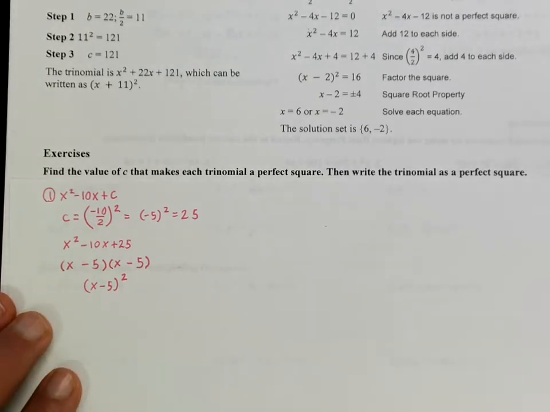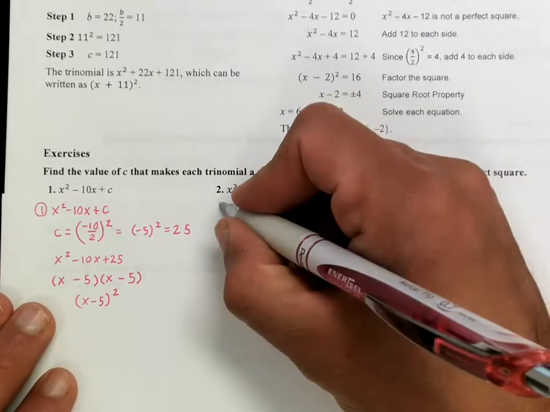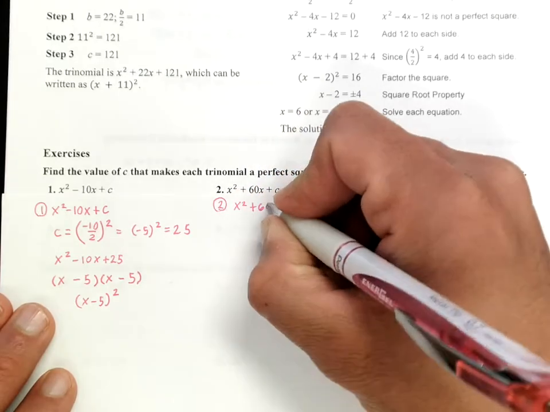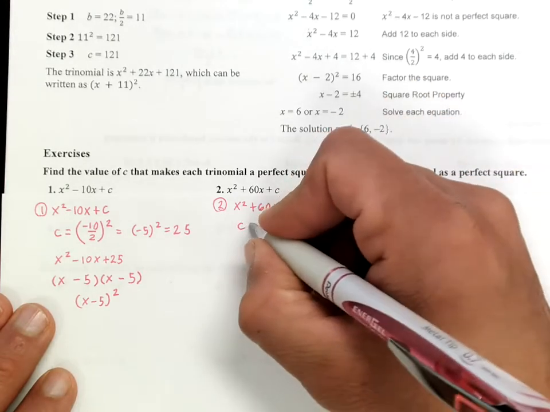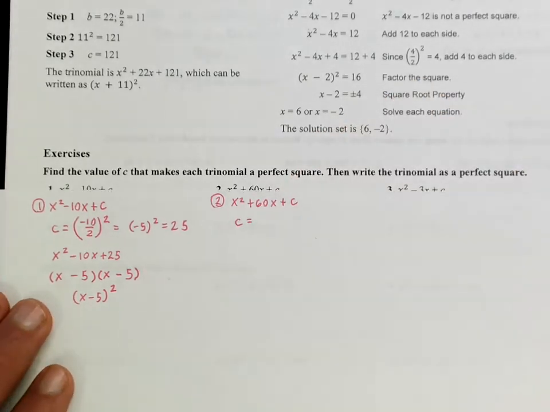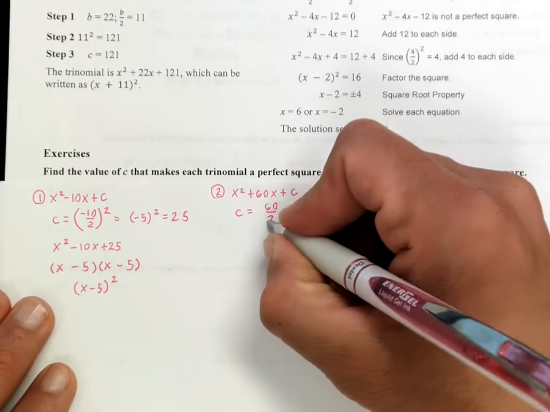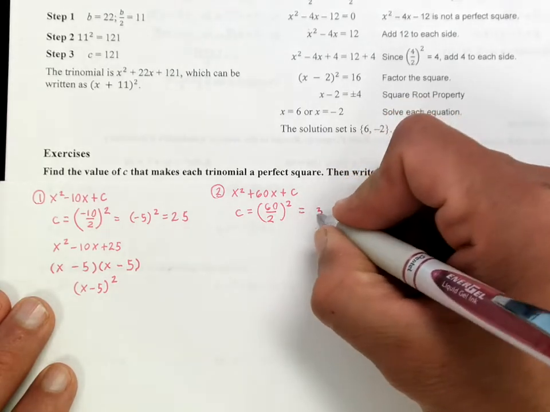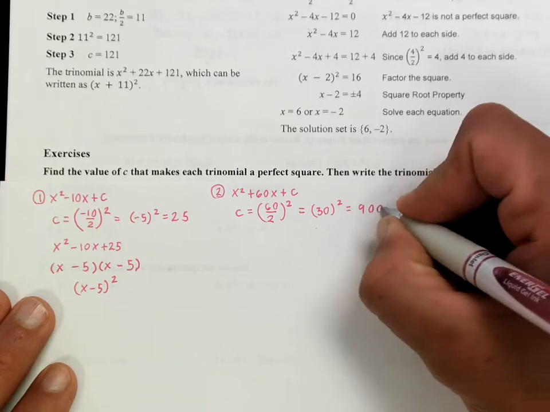Now I'm going to go over to example number 2. I have x squared plus 60x plus c, and c is equal to 60 divided by 2, all of that squared. So that's going to be 30 squared, which is equal to 900.